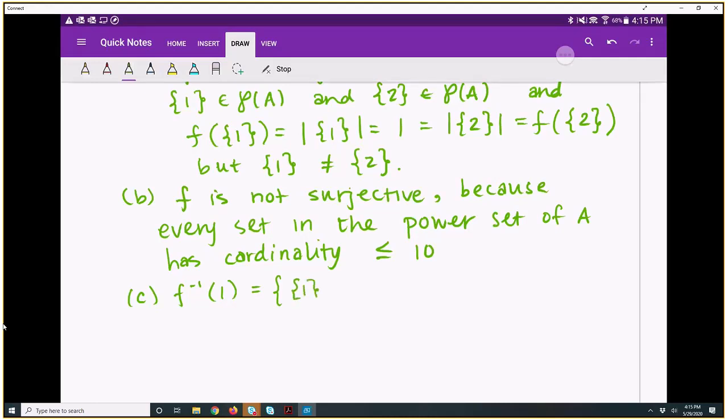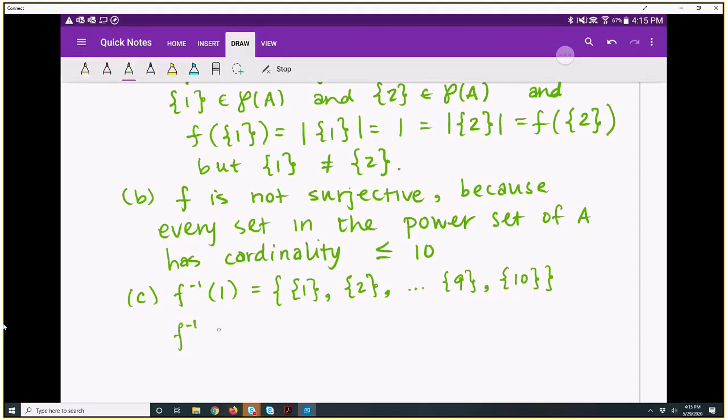So we know these are the singletons. The elements in the inverse image will also be sets. We're looking for all of the sets in the power set of cardinality 1, so it's just all of the singletons {1}, {2}, {3}, up to {10}.